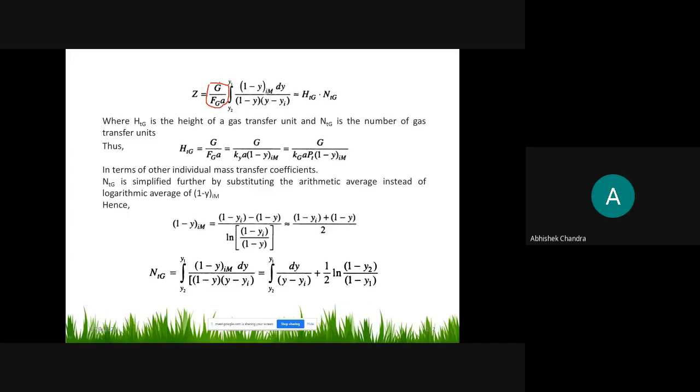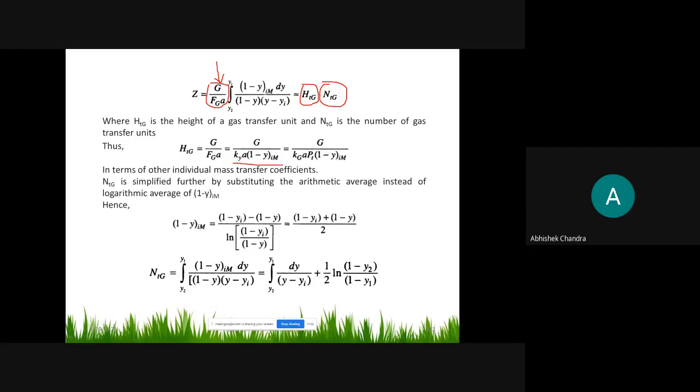So this term, G by Fga, will give the height of the transfer unit, right, height of the transfer unit. And this term, the integration, is represented as NtG, that is, number of transfer units. Gas transfer unit, so number of gas transfer units is NtG. So HtG is this G by Fga, and you can write Fga as another individual mass transfer coefficient.